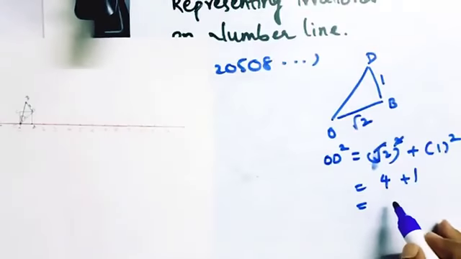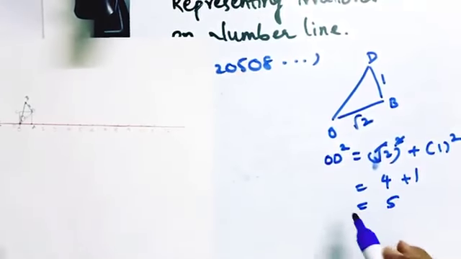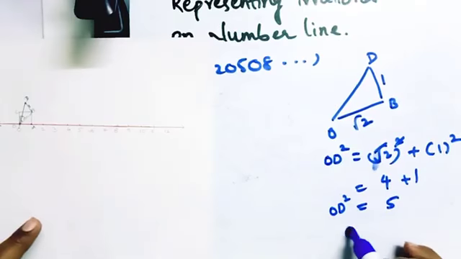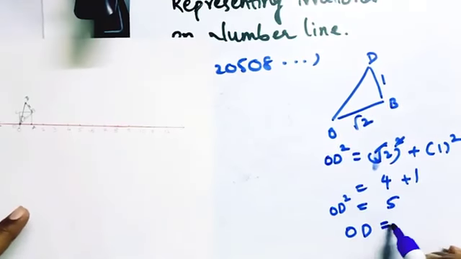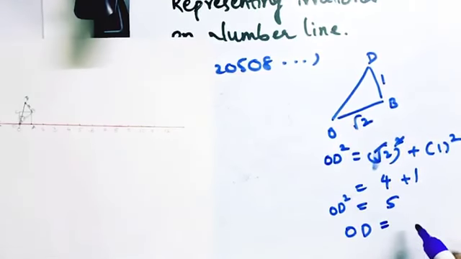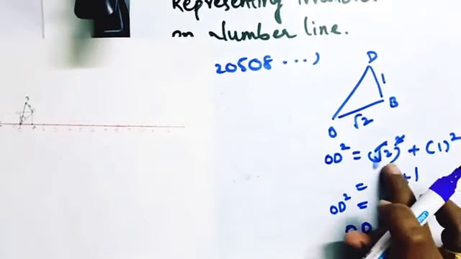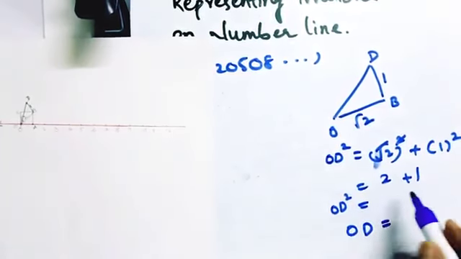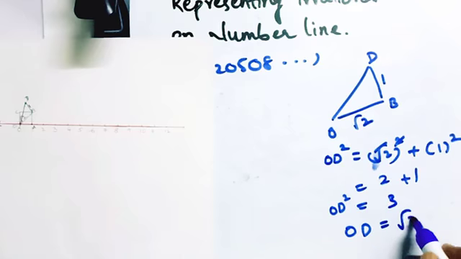Now we need to find O to D. O to D square is equal to side square, that is √2 square, which is 2, plus 1 square, which is 1. So 2 plus 1 is 3. So O to D is equal to the square root of 3.